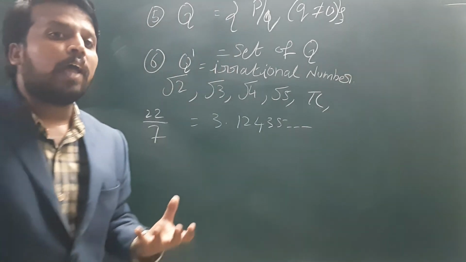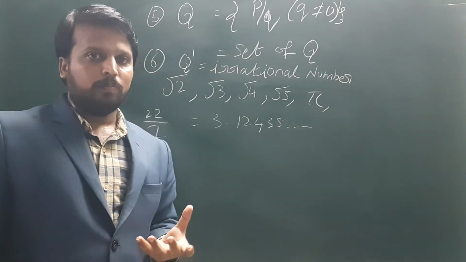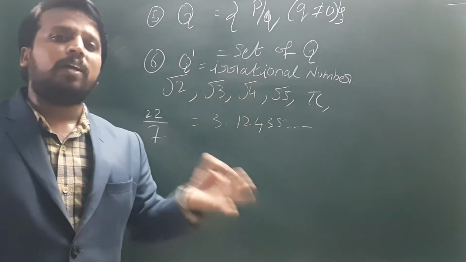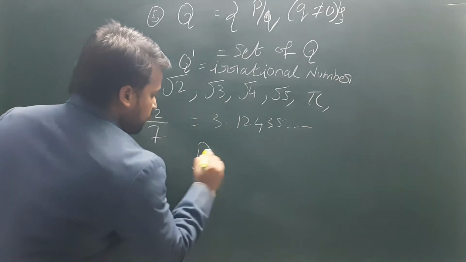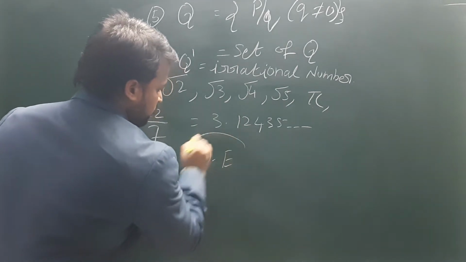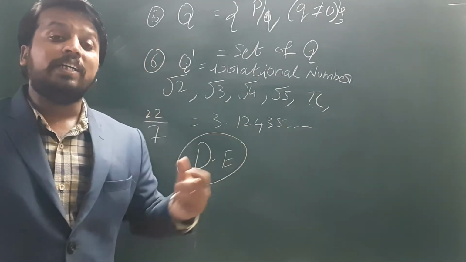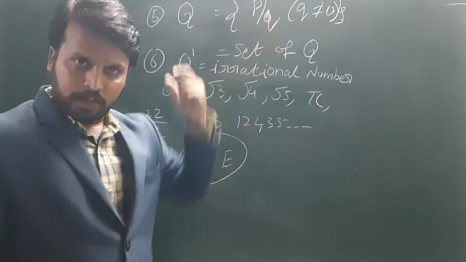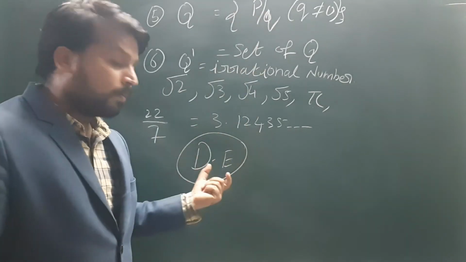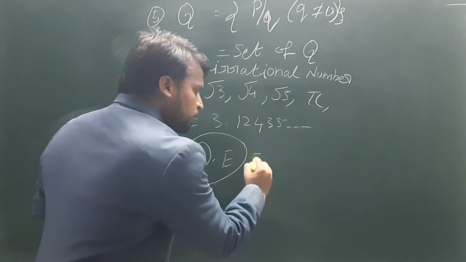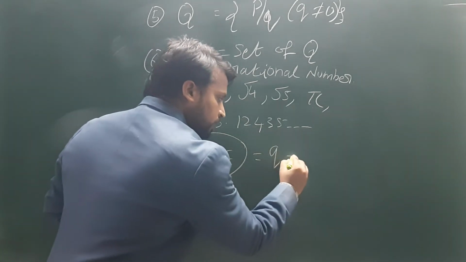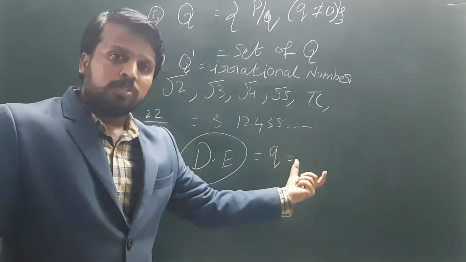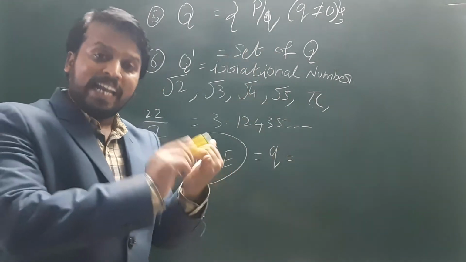How will we derive these irrational numbers? The irrational numbers totally depend on the decimal expansions. That means whenever we are dividing this P by Q form, the quotient, the result of this P by Q form, will never end.